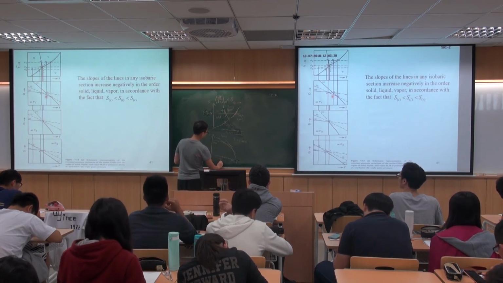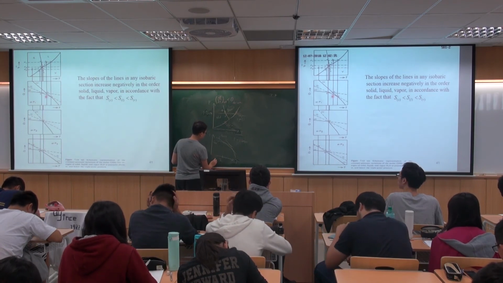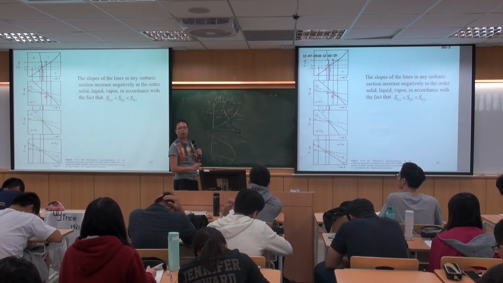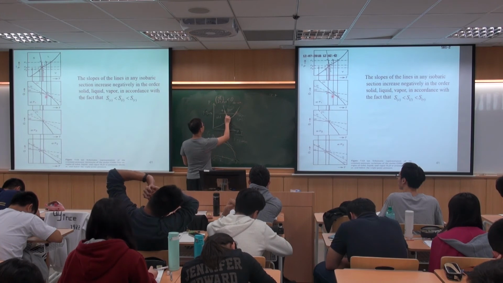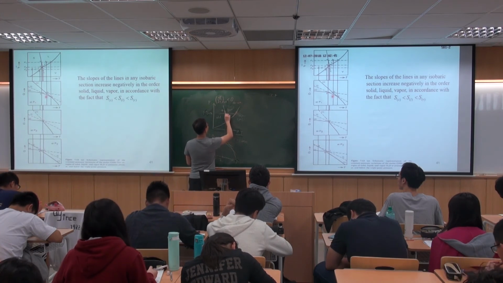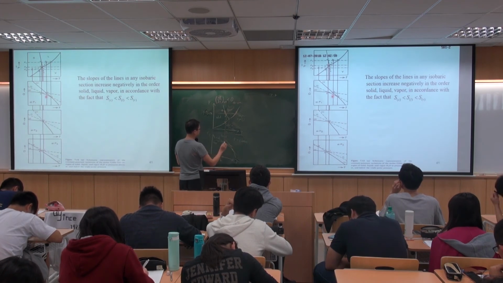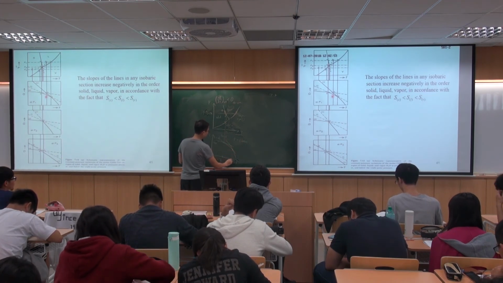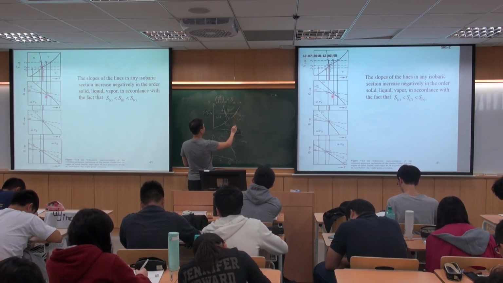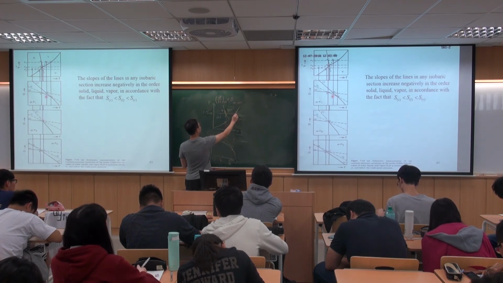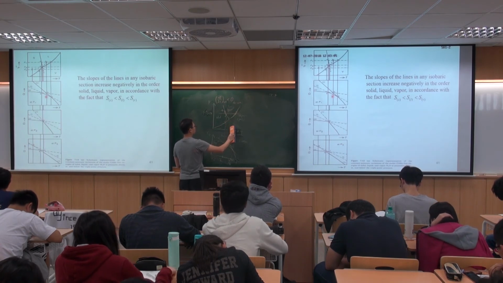This is Tm. Or for water, this is 0 degrees Celsius, or 273 Kelvin. And this point corresponds to the boiling point of water. Let's make this simpler.